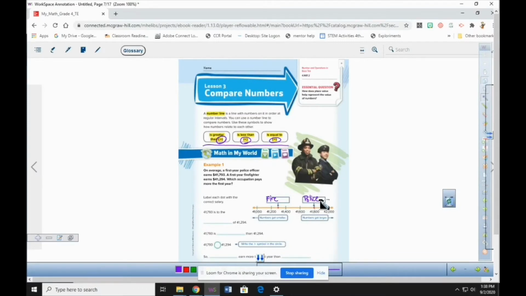We can easily see that 41,793 is to the right of 41,294. 41,793 is greater than 41,294.